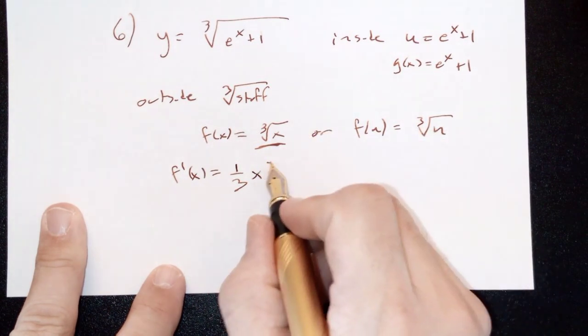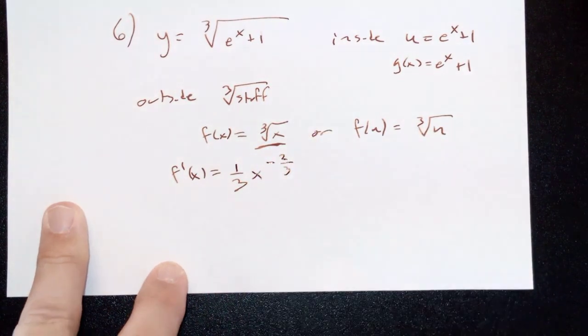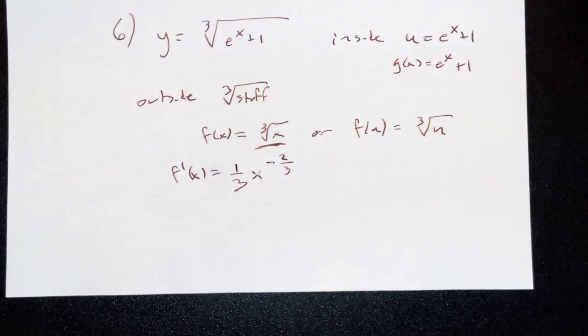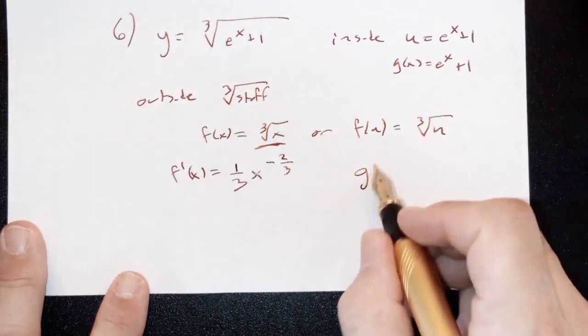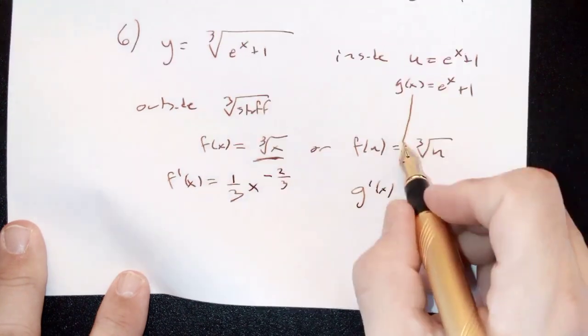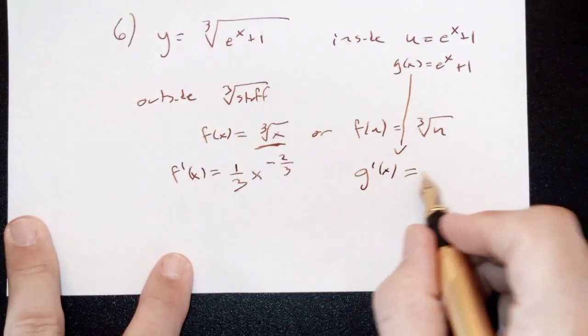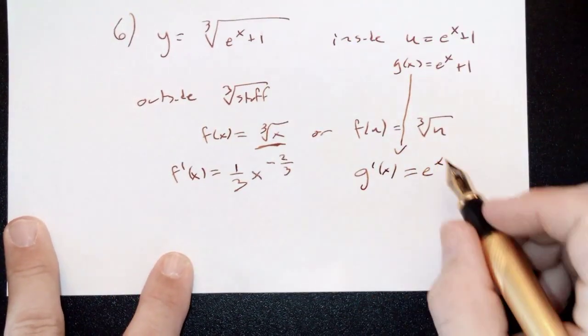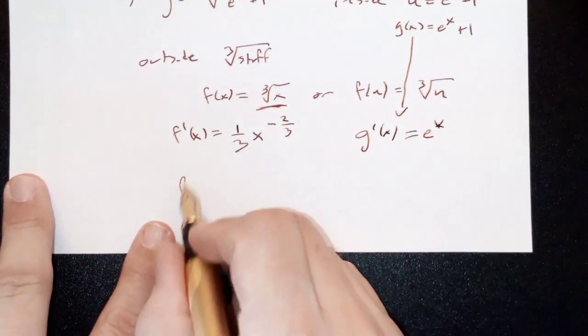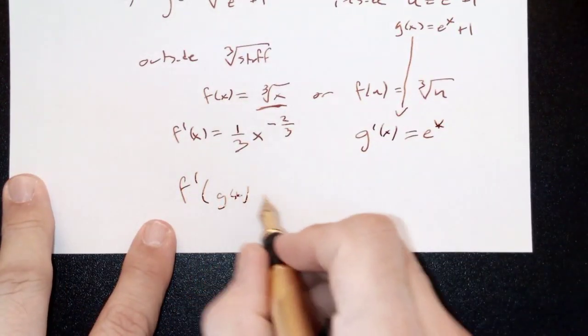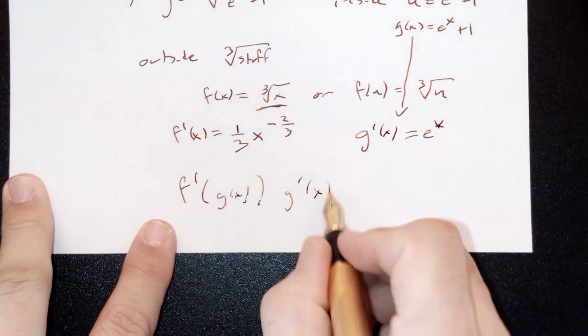Perfect. Now, what's the derivative of g? Great. So now it's f prime of g of x times g prime of x.